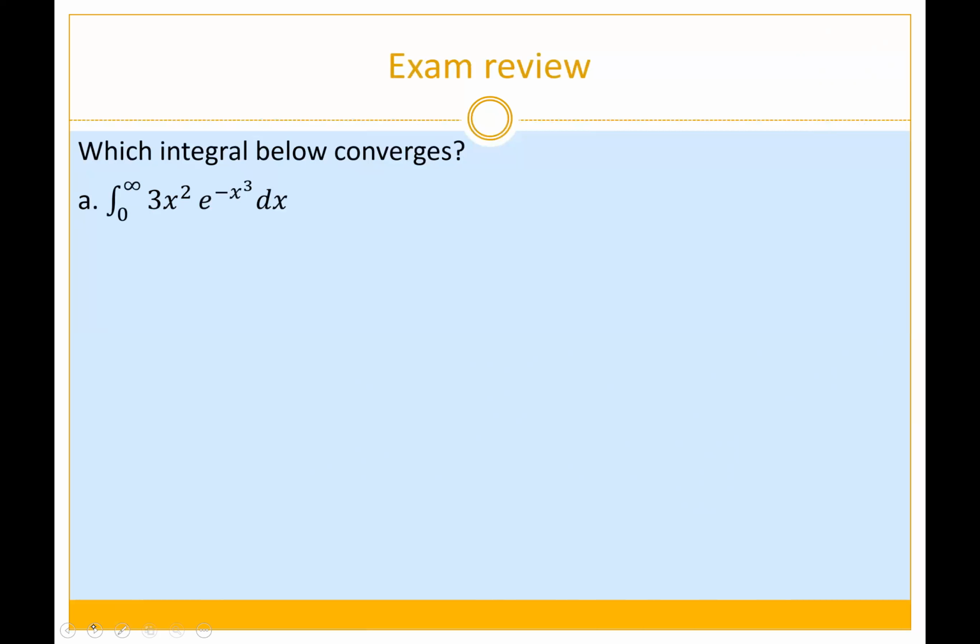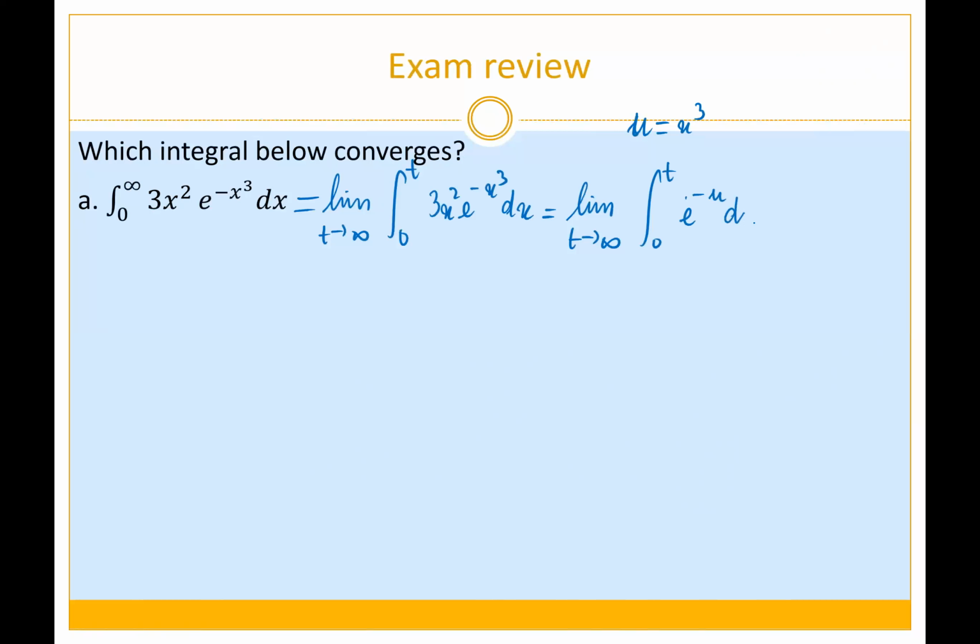To find this one, we're going to use the limit as t approaches infinity of the integral from 0 to t of 3x squared e to the negative x cubed dx. If we use a simple substitution, u equals x cubed, so it's the integral from 0 to t of e to the negative u du, since du is 3x squared dx.